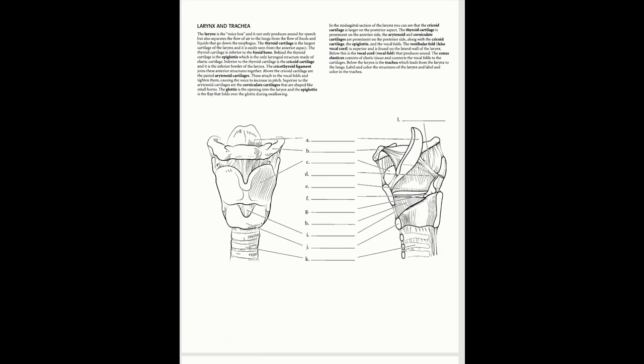All right, so what I like about this diagram is this is actually showing us the anterior and then a mid-sagittal view as well. So you kind of get the best of both worlds here. To start off, we have A, which is the epiglottis.